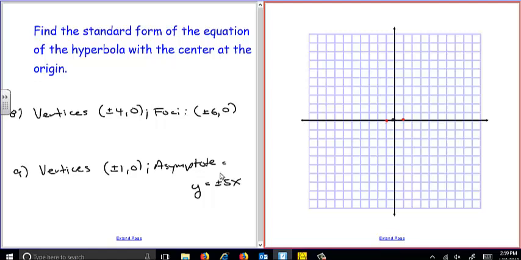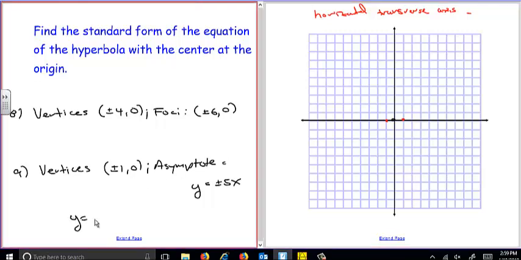So again, this is going to be a horizontal transverse axis. Now it says the asymptote is y equals 5x. So one thing you could do is look at the equation for the asymptote.